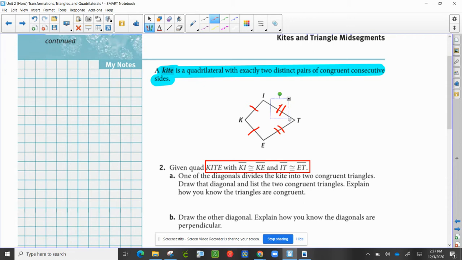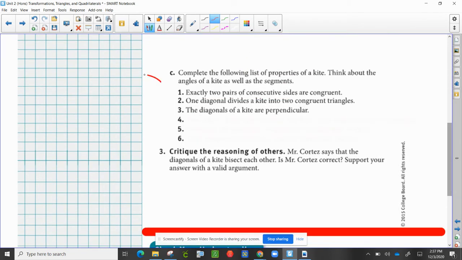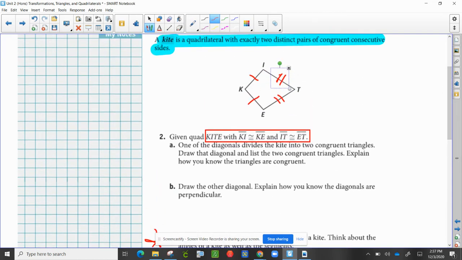Okay. We also have a list of other properties down here in part C that are very important. So you want to make sure you know all 6 of these properties of a kite. So we just talked about how 2 pairs of those sides are congruent. The other one says one diagonal cuts the kite into 2 congruent triangles. So let me show you what that means.